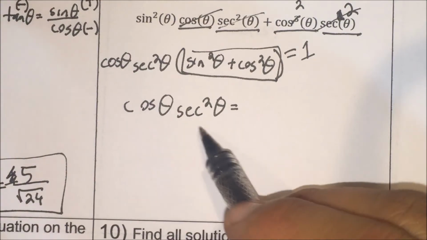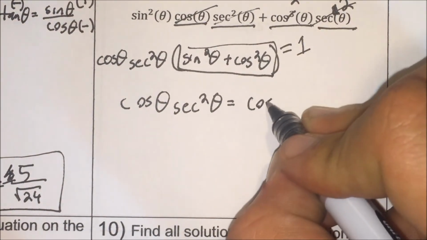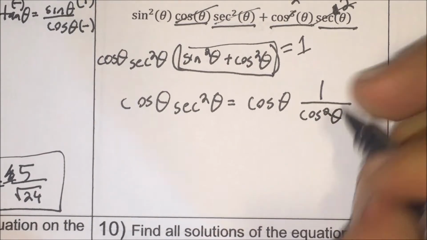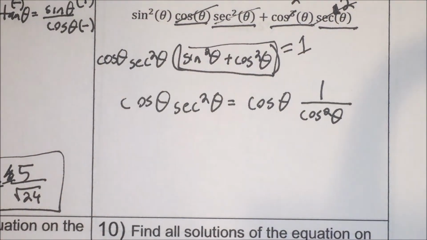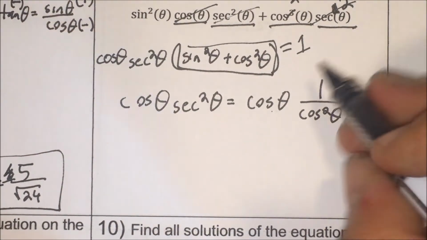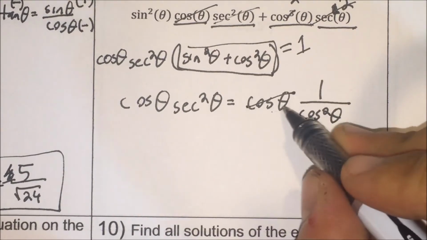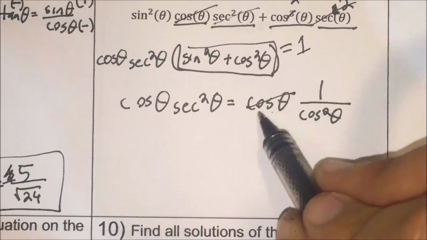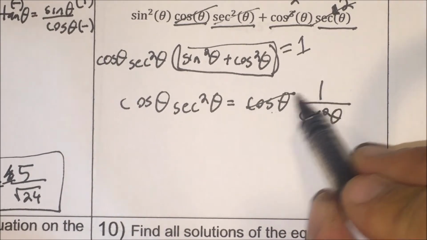And where do we go from here? Well, again, secant is just going to be 1 over cosine, because the secant squared means the cosine in the denominator has to be squared. And that shows us that we're multiplying cosine by 2 cosines in the denominator. So that will cancel because this is in the numerator. Remember, a whole number times a fraction: the whole number in front is technically in the numerator.